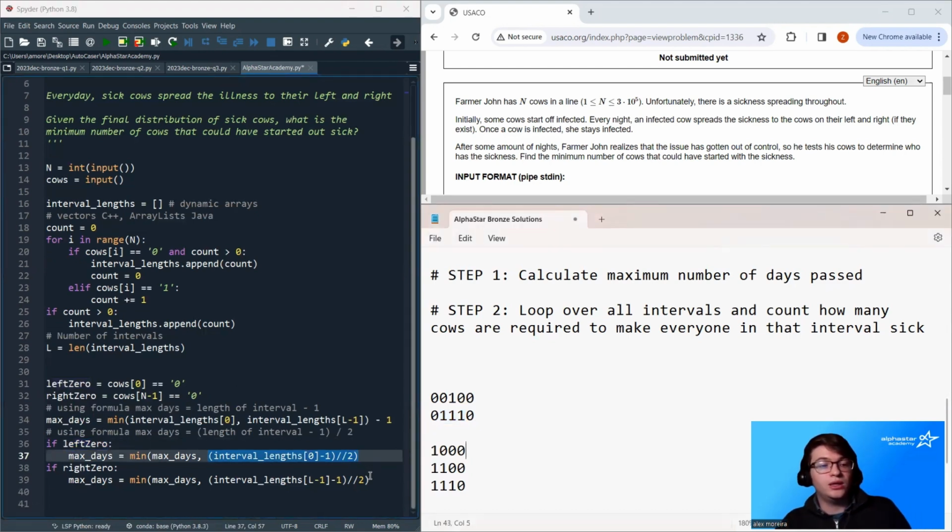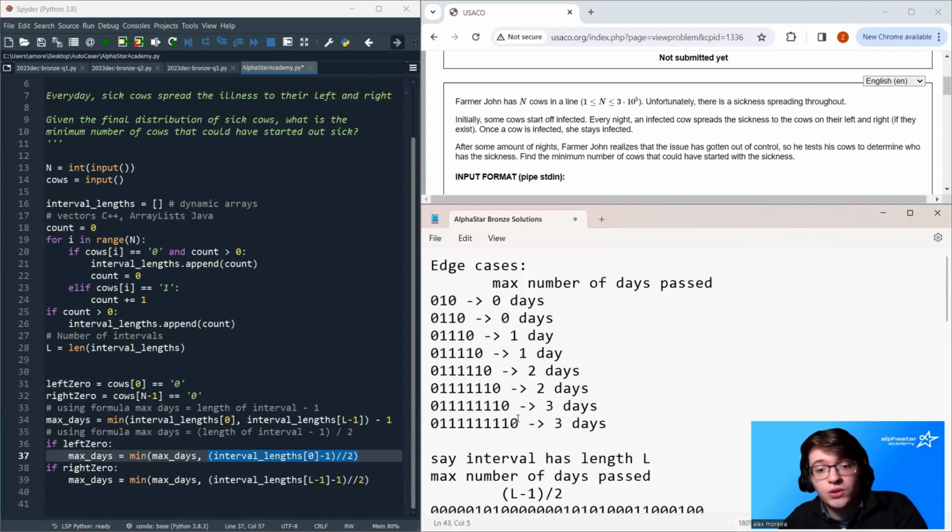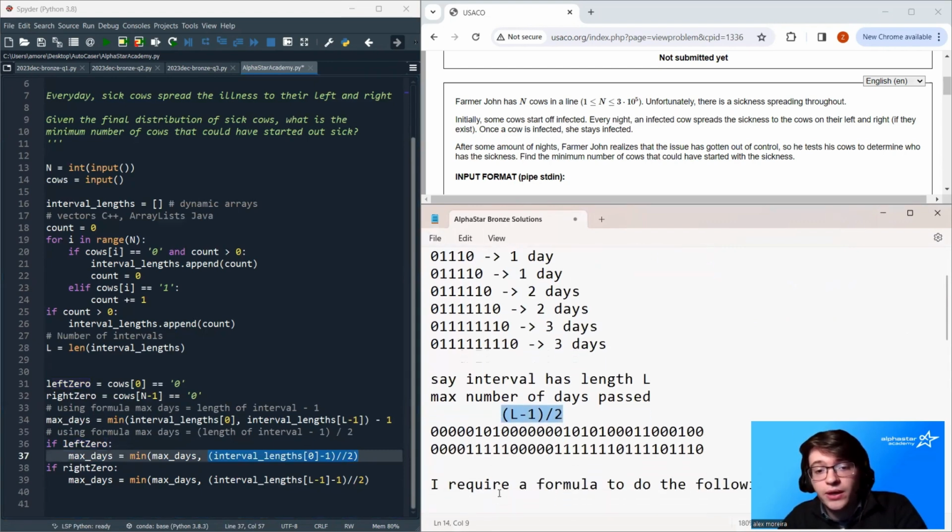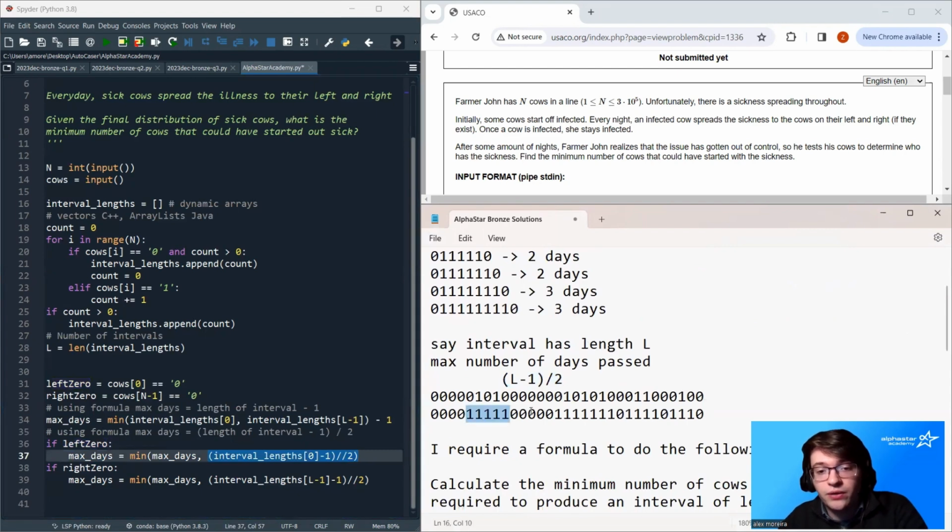Now that we have the left intervals and the right intervals dealt with, we need to actually account for all of the other intervals. But those are a little bit easier because all of the other intervals, they're just going to use this formula. There's no edge cases here because they're in the middle of the array, right? So there's no possibility that this interval is going to have that same boundary problem where the size of the interval is only growing by 1 at a time.